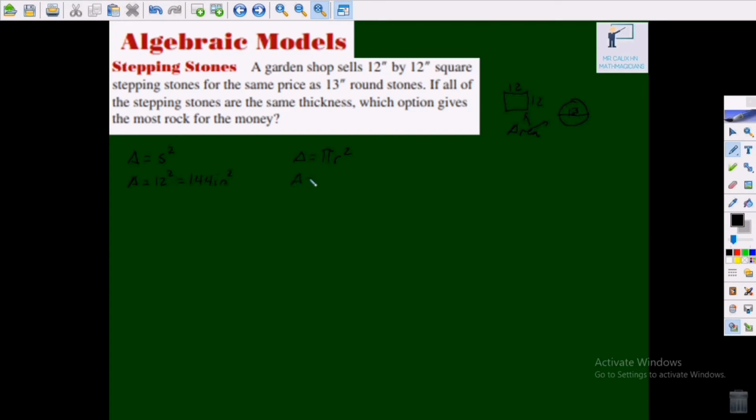That means that the area here is pi times 13 divided by 2. You can write it as a fraction, or you can use the decimal, 6.5. So pi times 6.5 squared. If you evaluate this, you'll have that the answer is 132.7 square inches. As you can see, the best option was the square stone.